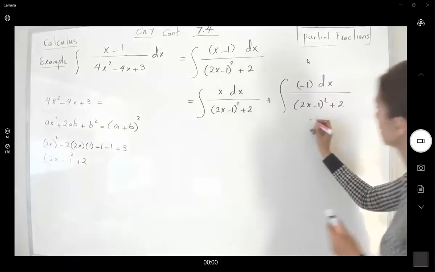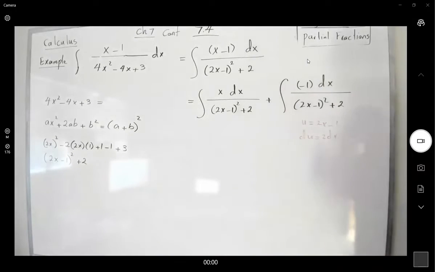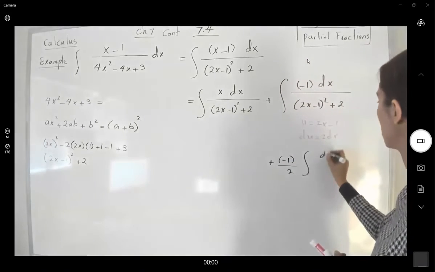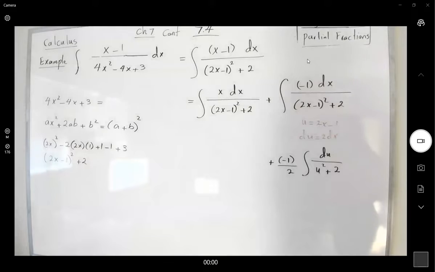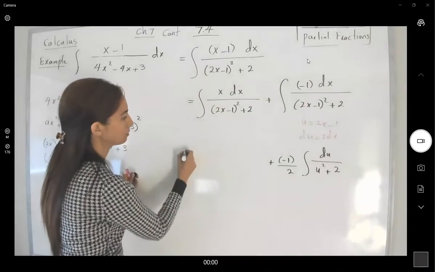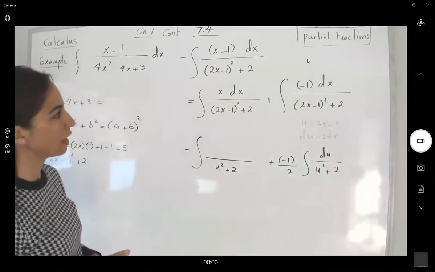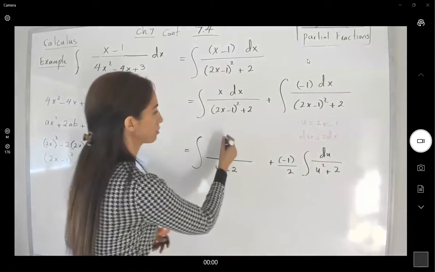So for this integral we have u squared plus 2, and our u is 2x minus 1, so 2x is u plus 1.